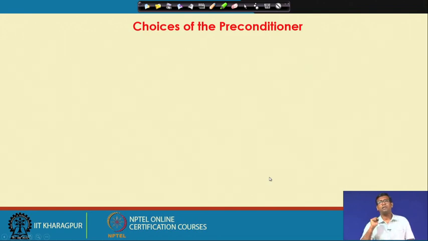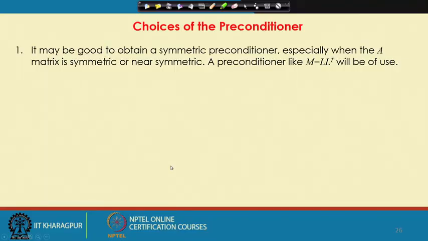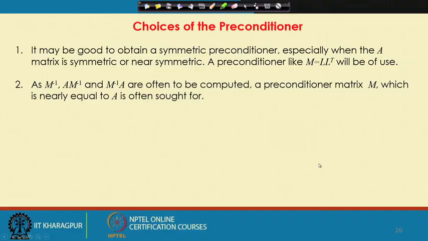Now comes the issue of how the preconditioners can be chosen. It may be good to obtain a symmetric preconditioner, especially when the A matrix is symmetric or near symmetric. A preconditioner like M equal to L L transpose will be of use. We have seen that from our discussion of the conjugate gradient method.